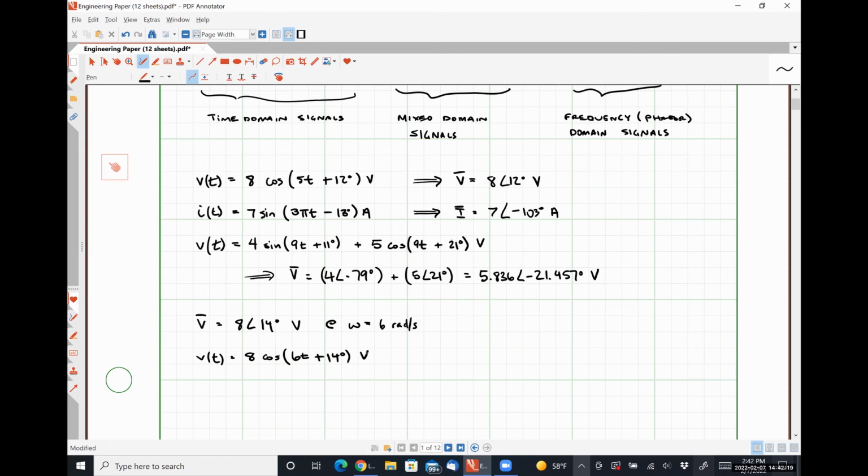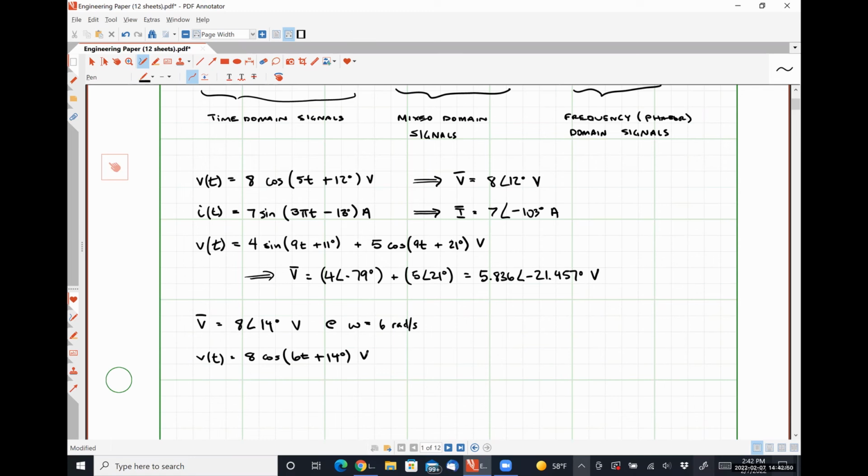So something that I like to ask on exams, and you'll see this if you look at some of the old exams, is I might give you a list of several, excuse me, I might give you a phasor quantity, so a voltage or a current, and then ask you which of the following time domain signals correspond to this particular phasor, okay?